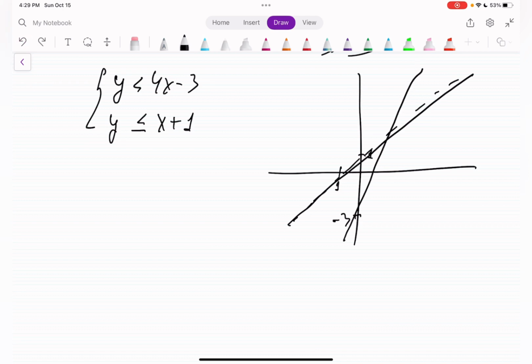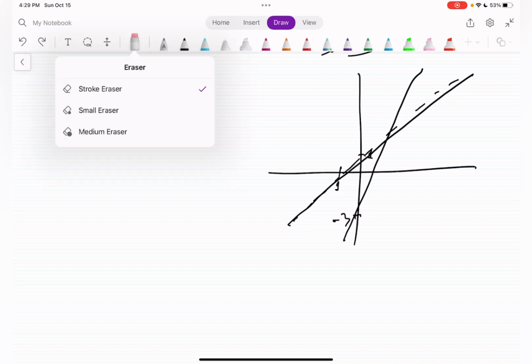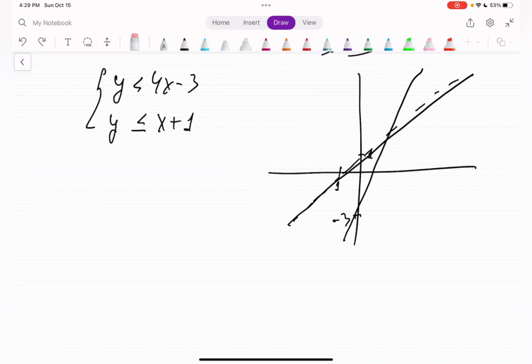So we have 4 pieces, right? I want to clean this so we can understand. Okay. So we have four pieces. This area, this area, this area, and this area, correct?